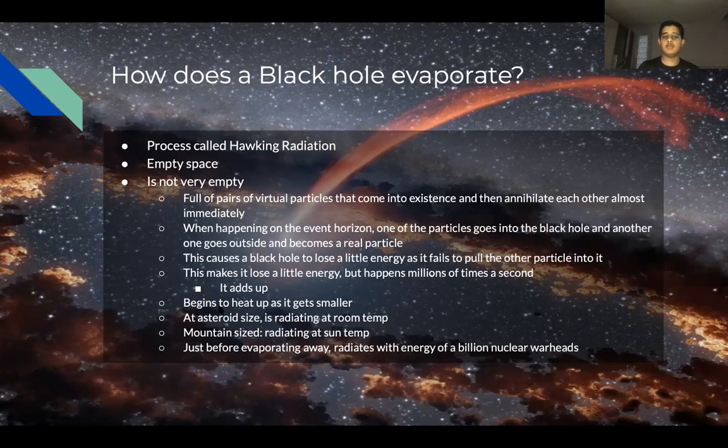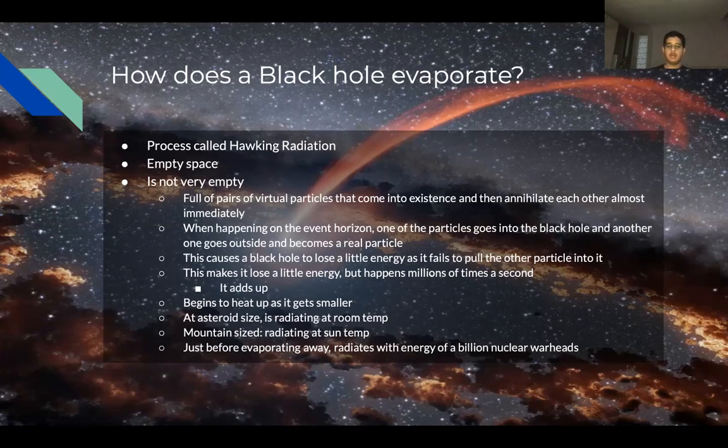Now, as it gets smaller, it also begins to heat up. At about the size of an asteroid, a black hole is radiating energy at about room temperature, about 20 or so degrees Celsius. Once it gets to the size of a mountain, it's radiating at the temperature of a sun, which is about 6,000 degrees Celsius. Yeah, it's a big jump.